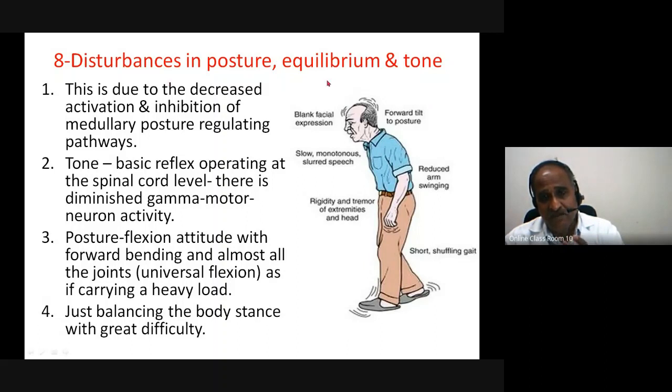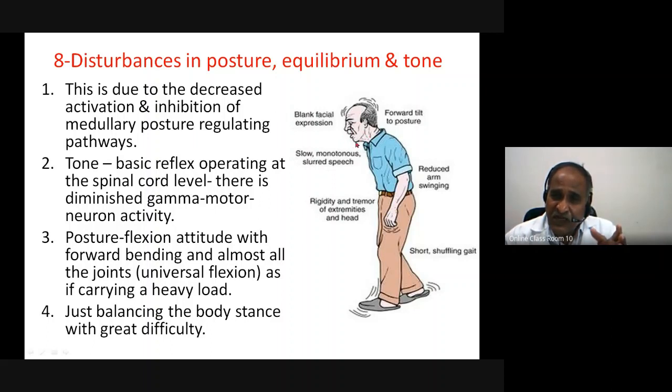These things happen here, and you see that this person has a blank facial expression, hypokinesia, and rigidity of the muscles, with a forward tilt of posture.